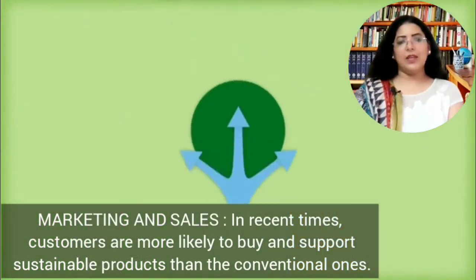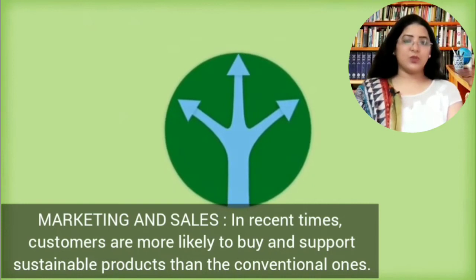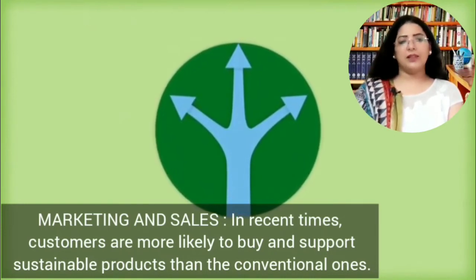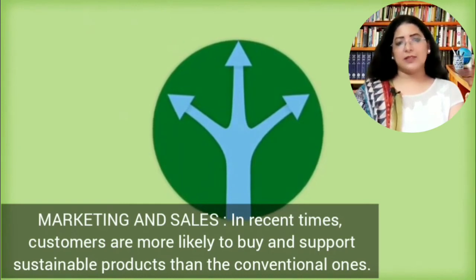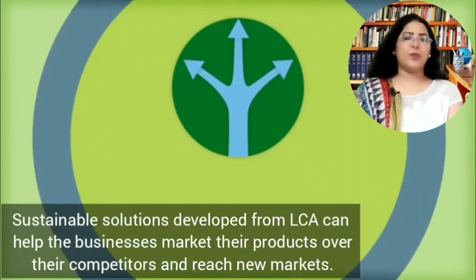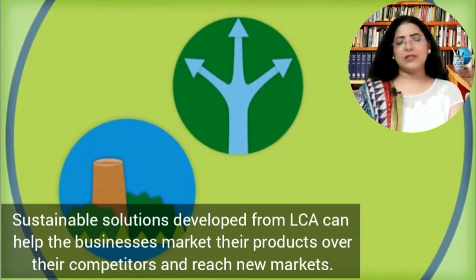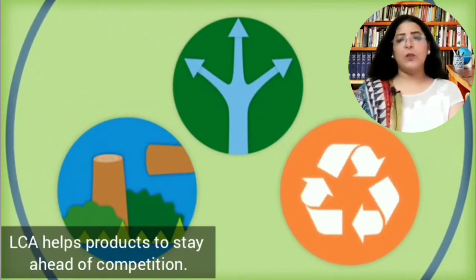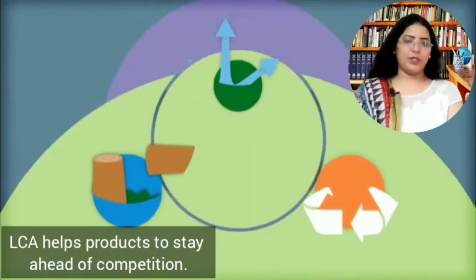Marketing and sales. In recent times, customers are more likely to buy and support sustainable products than the conventional ones. Sustainable solutions developed from LCA can help the businesses market their product over their competitors and reach new markets. LCA helps products to stay ahead of competition.